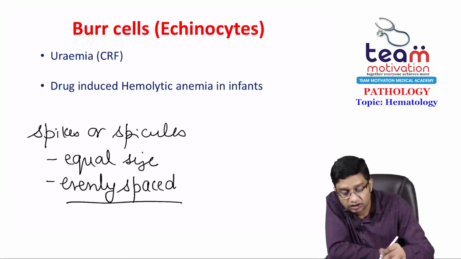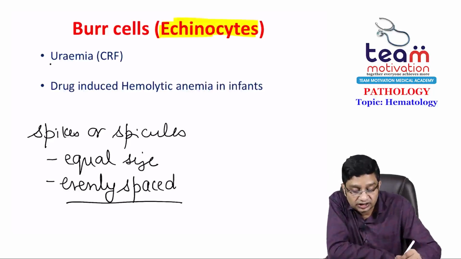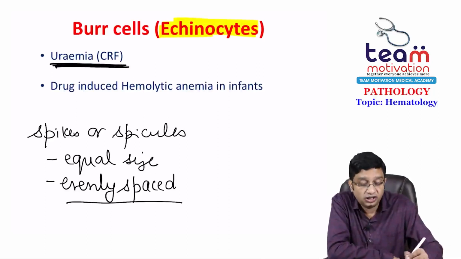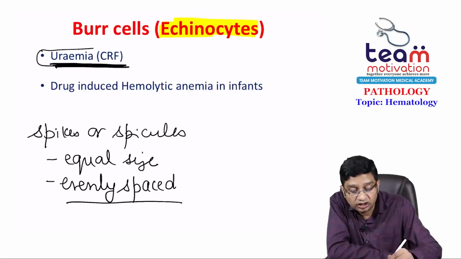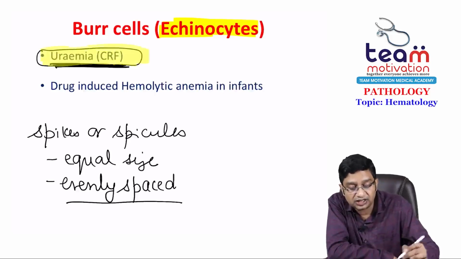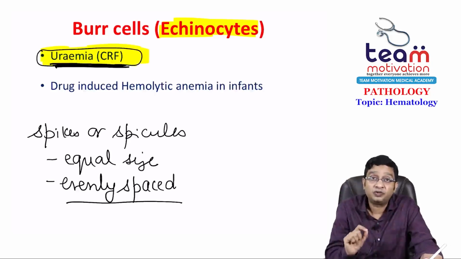So this is the echinocyte, and echinocytes are seen in chronic renal failure. Very, very important thing. It is seen in chronic renal failure, that is, uremia. So we get Burr cells or echinocytes in chronic renal failure.